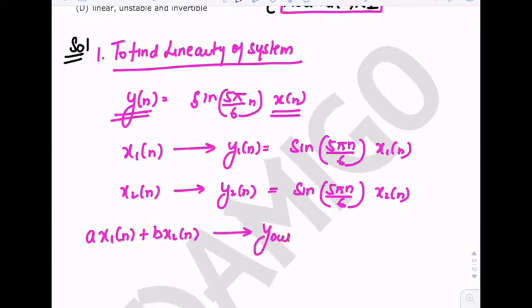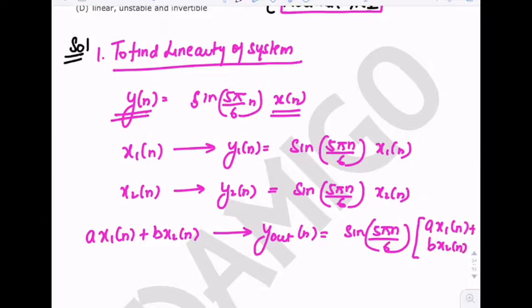The output y[n] will be equal to sin(5 pi n by 6) multiplied by the input, and the input is a x1[n] plus b x2[n], and we can see that this is equal to a times y1[n] plus b times y2[n].